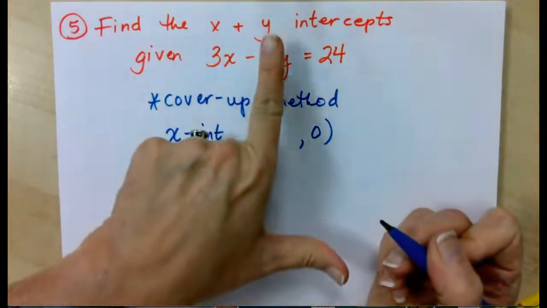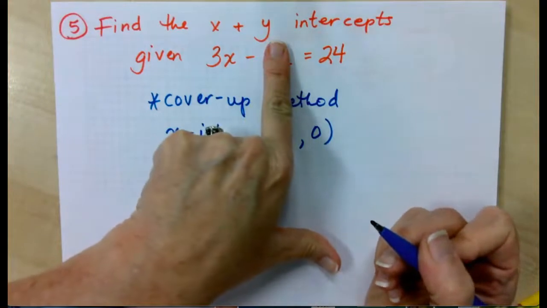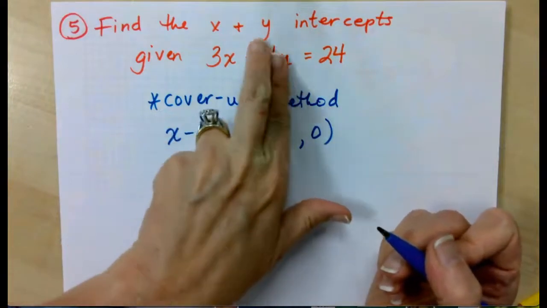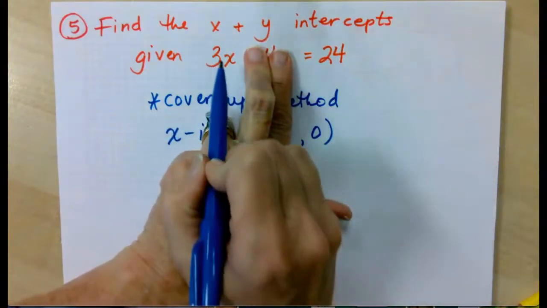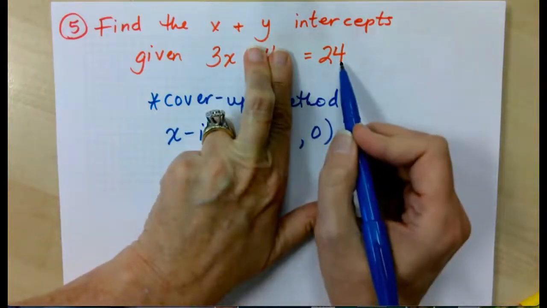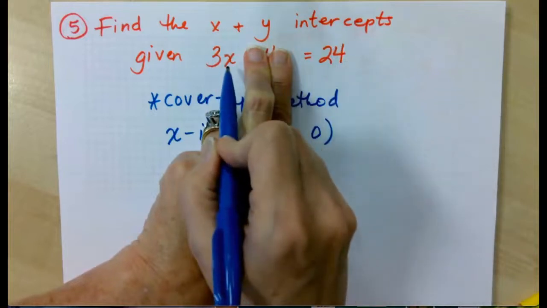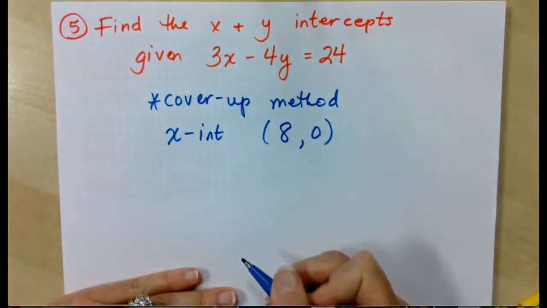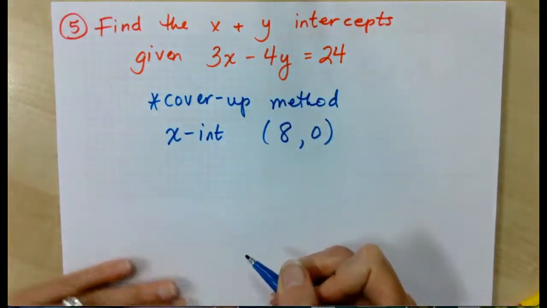So if we let y equal 0, it essentially takes out the entire y term. So if we have 3x equals 24, 3 times what equals 24? The what is 8. The x-intercept is at 8.